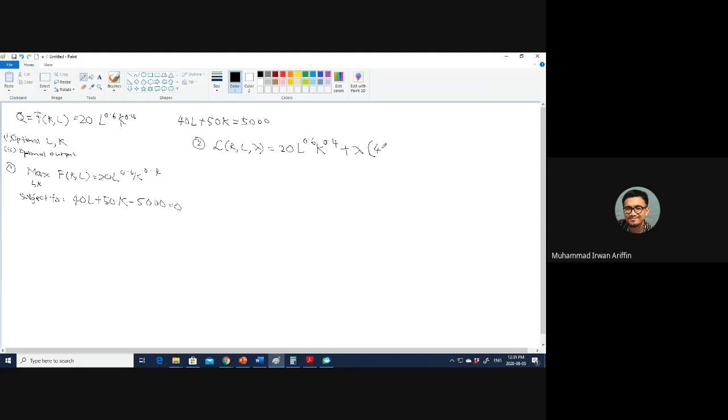So write 40L plus 50K minus 5,000. So this would be our Lagrange equation for step number 2.